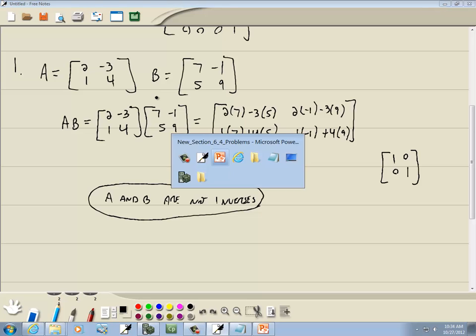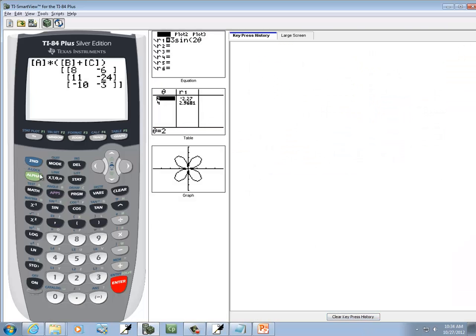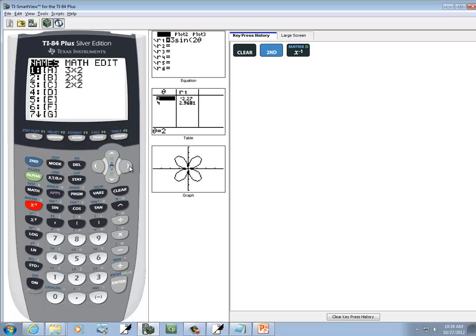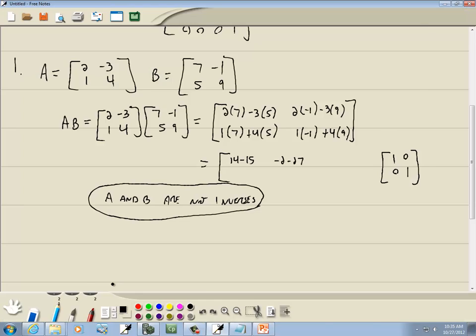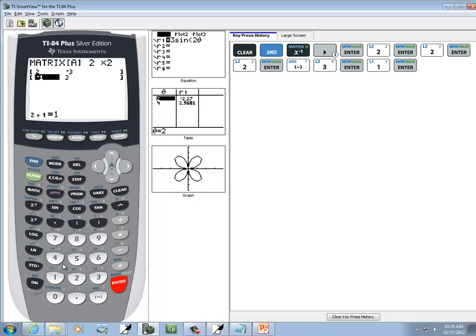Well, let's do this on the calculator. So I'm going to go to my matrix menu, second, x to the negative 1, right arrow over to edit, enter on A, 2 by 2, so 2 enter, 2 enter. And we got 2 enter, negative 3 enter, 1 enter, 4 enter.